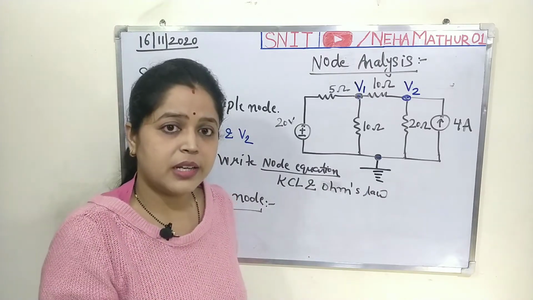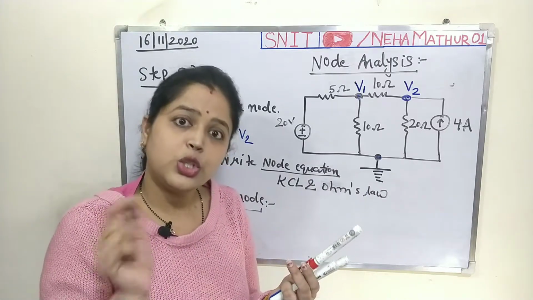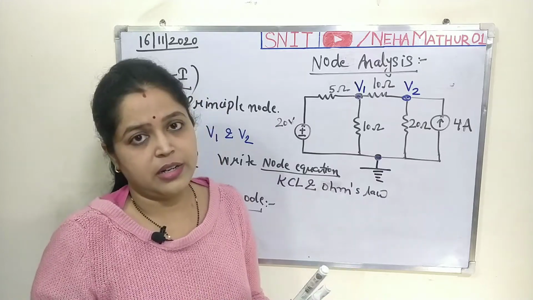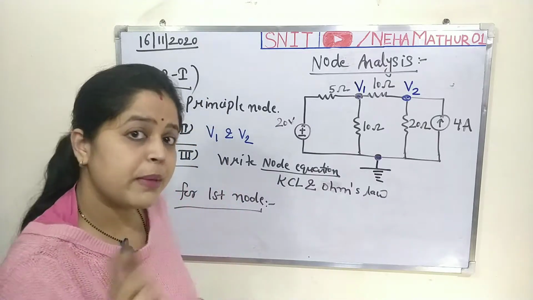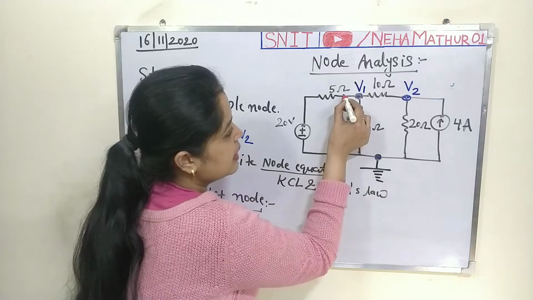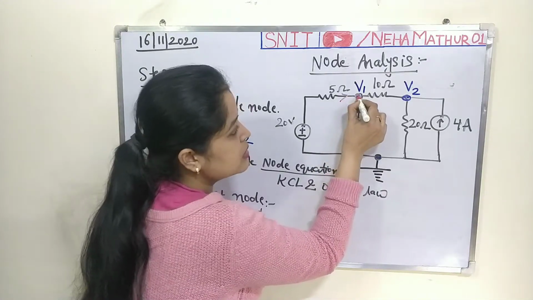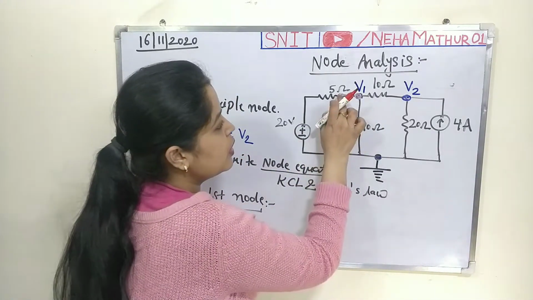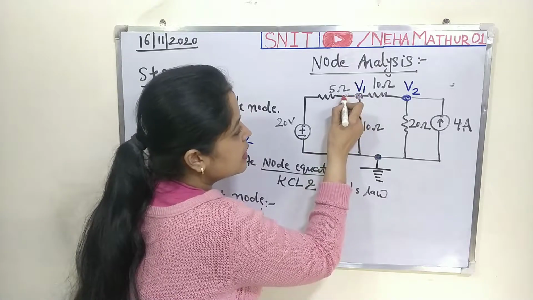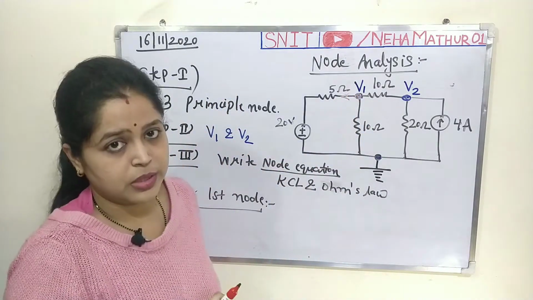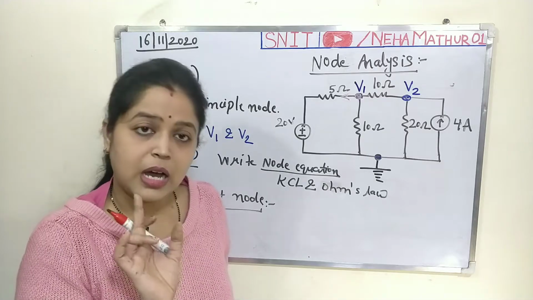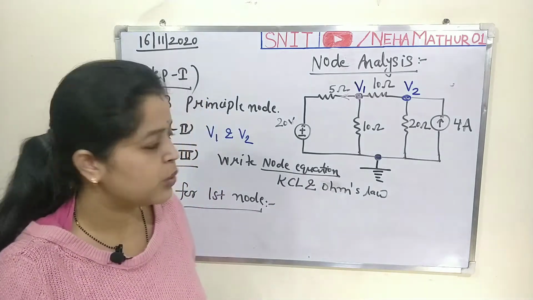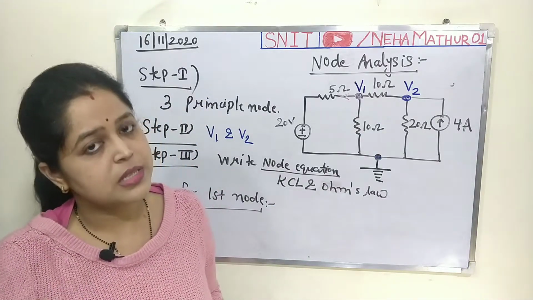You can consider it as an entering current, you can consider it as a leaving current. That means you may mention that the current is entering across this node, or if you want you can mention that the current is leaving from that node. It depends on you. The answer at the end will be the same.